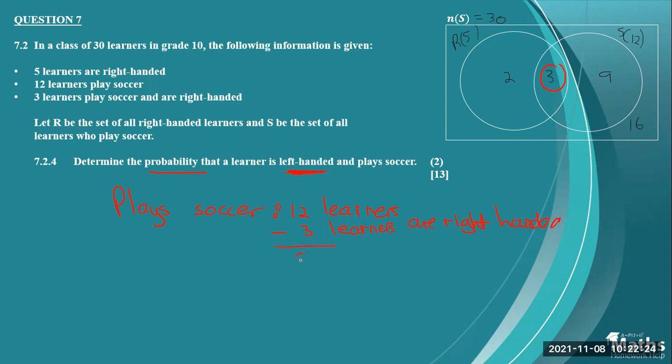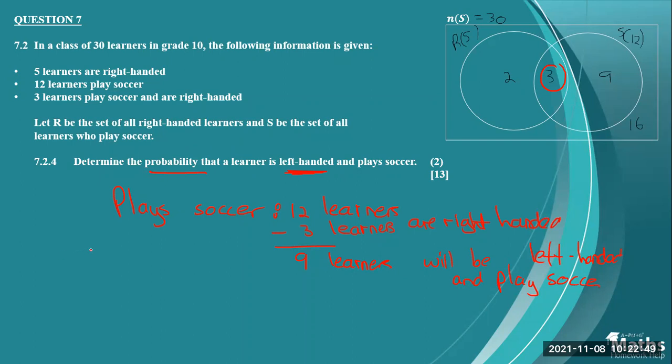So therefore, it will be 9 learners will be left-handed then, and they will still play soccer. Again, for the answer, you don't have to write all of this. It's just me explaining how to get to the answer.